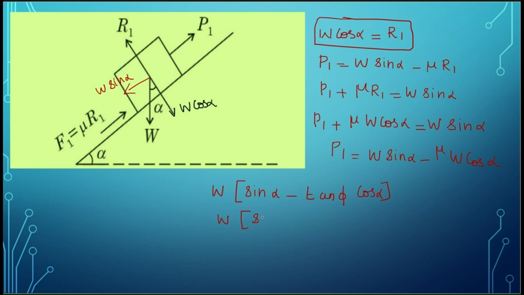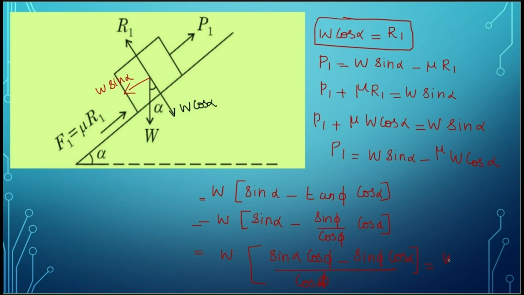W into sin alpha minus tan phi, which is sin phi by cos phi, cos alpha. By solving this, we will get W into cos alpha in the denominator, cos phi in the denominator, sin alpha cos phi minus sin phi cos alpha.